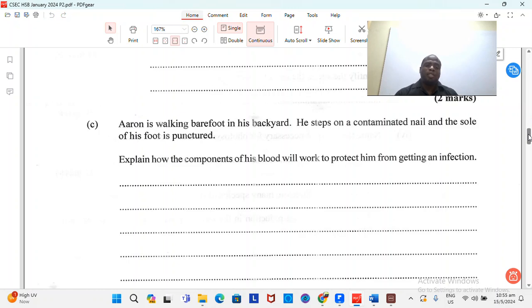But some of the bacteria might run off, escape into the blood. And so you have the leukocytes that are responsible for producing antibodies. And the antibodies are going to find these bacteria and neutralize them so that they can't cause an infection.